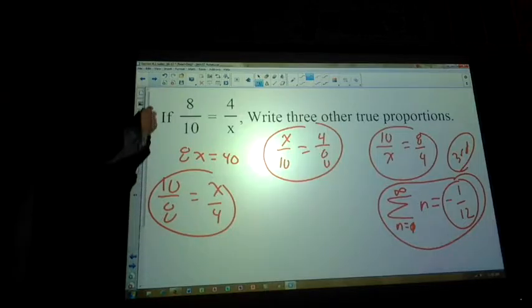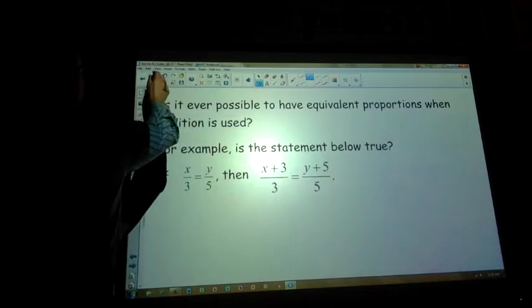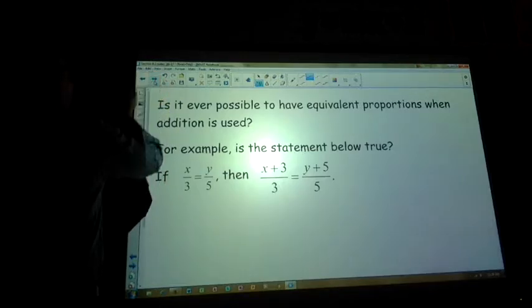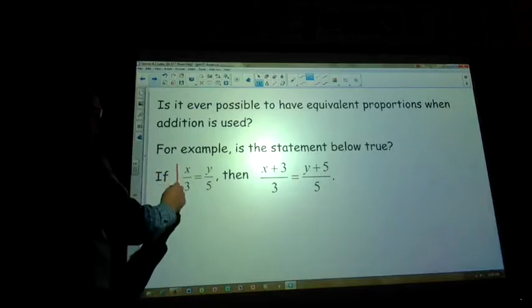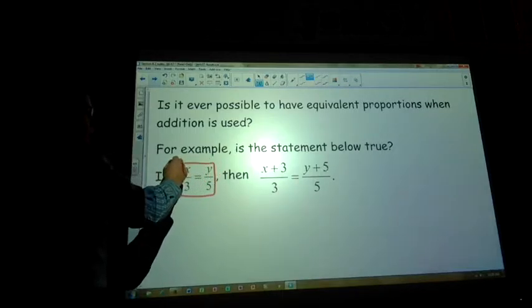All right. I'm going to add a slide here. Actually, I don't need to do that. I can stay with this. Okay. Is it possible that these are equivalent? Okay. So, I have this.